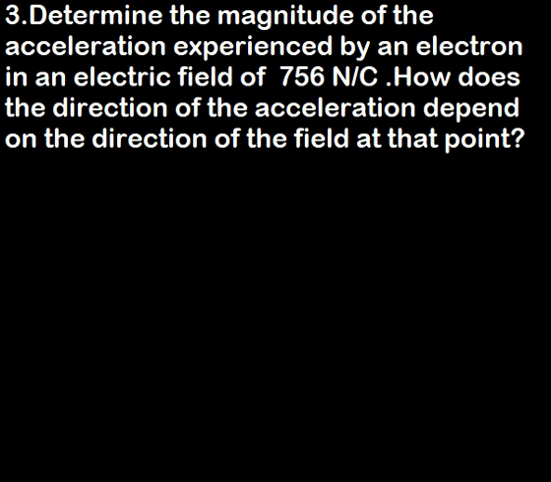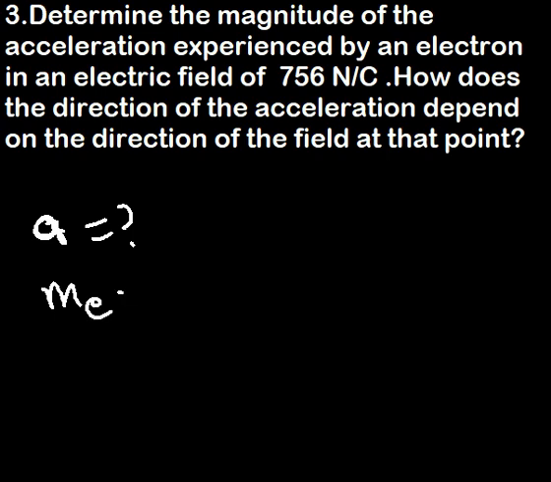Now let's say this is the question. Determine the magnitude of the acceleration. Now we are looking for the acceleration. Oh, I just have to say acceleration is a magnitude. We are looking for the acceleration of an electron. So we need the mass of the electron.